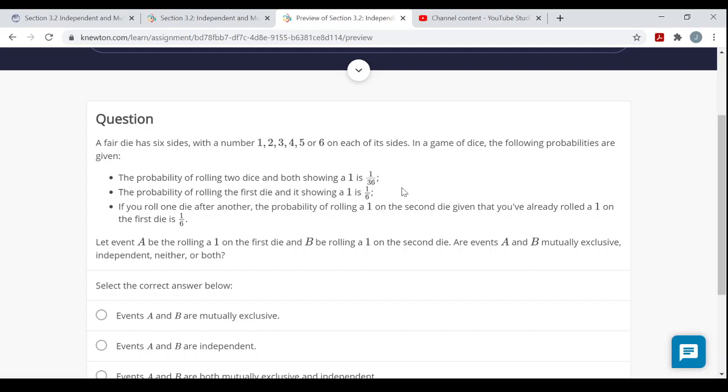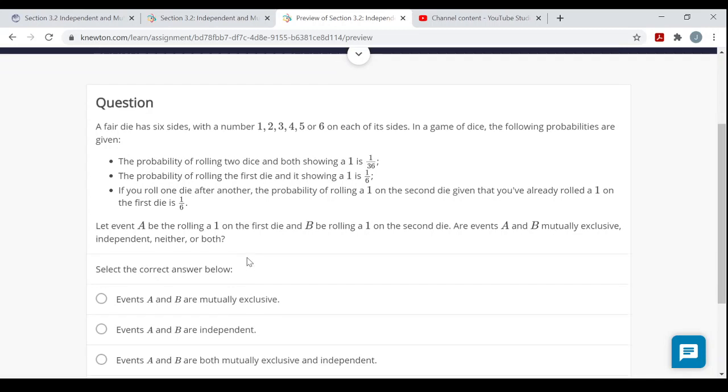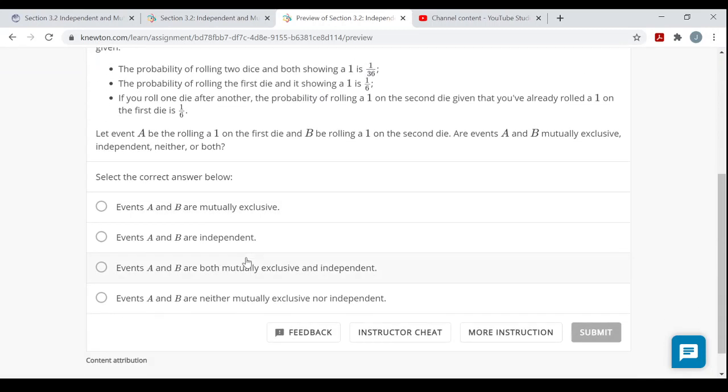That's not 0, so they're not mutually exclusive. But they are independent. They tell us right here, the probability of event B given event A is the same as the probability of event B. So the 1/6 probability doesn't change. So they are independent, not mutually exclusive though.